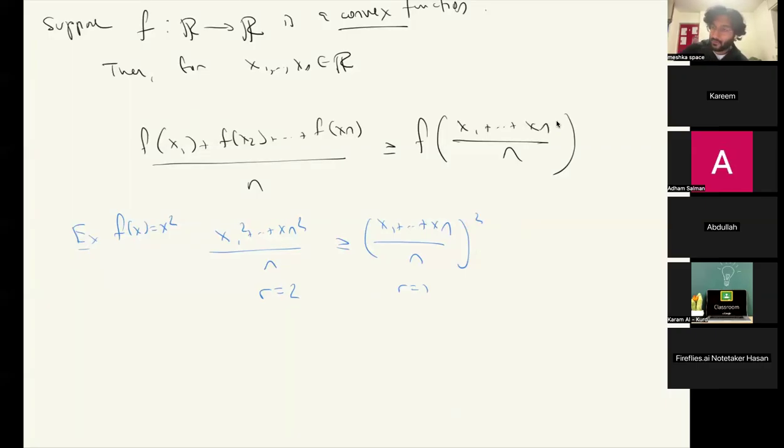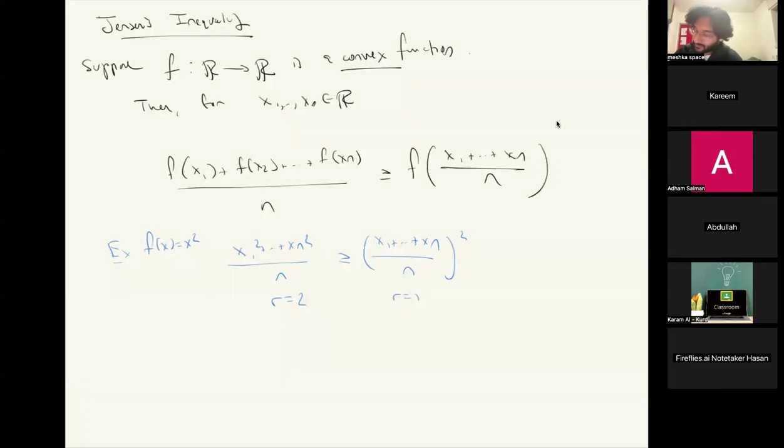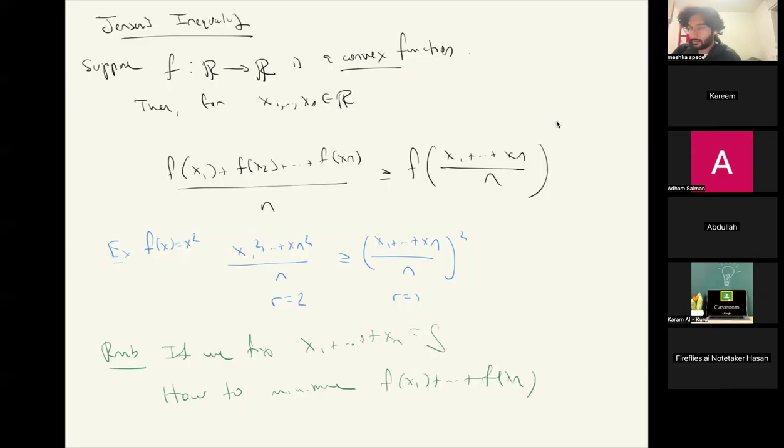So the way to think about Jensen is, here's a remark. Suppose we're in a situation where we fix x1 plus through xn as some number s. If you fix the sum as s, how do you minimize f of x1 plus all the way to f of xn?